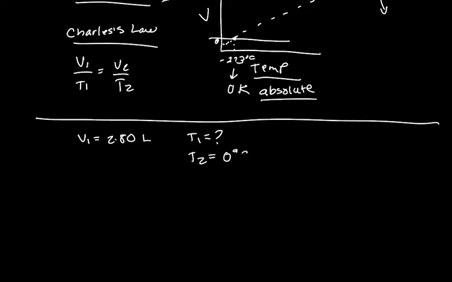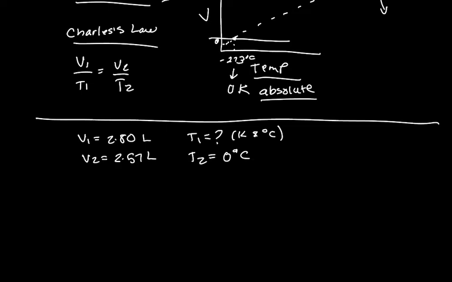Then we know when the sample is submerged in ice water at 0 degrees Celsius, the volume decreases to 2.57 liters. What is the initial temperature in kelvins and in degrees Celsius?